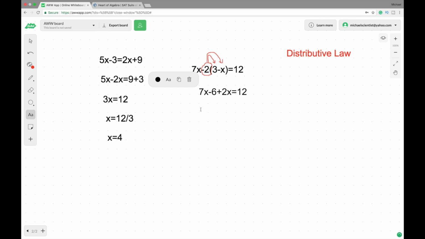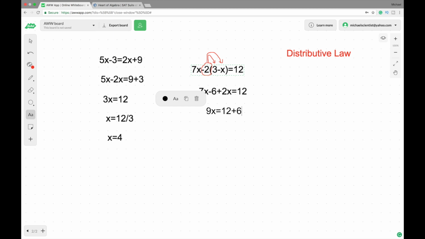Okay, so now we've broken it down into a simple format that we can solve easily, right? So let's group the terms. So 7x plus 2x would give me 9x. And I'm going to carry the 12 over. So this becomes a positive 6 because we're adding 6 to both sides to cancel the 6 on the left-hand side.